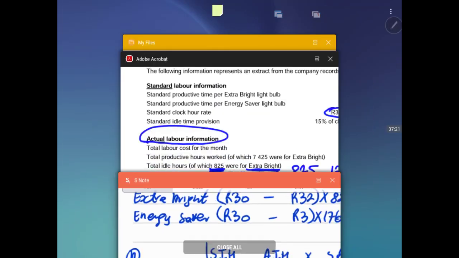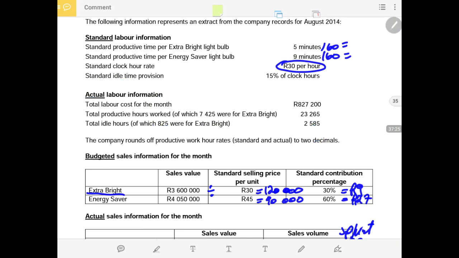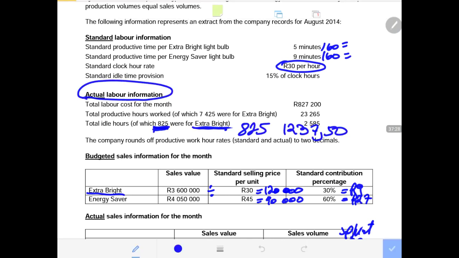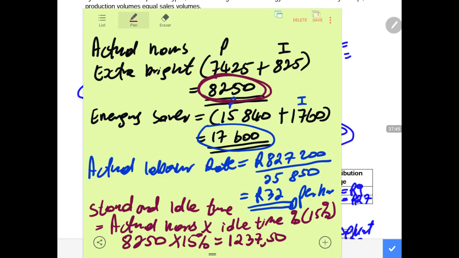Just more clarity again on that. Why is it favorable? It's not about the sign. It's about you understanding the concept behind it. Our employees idled 825 hours for the production of extra bright, but they were expected to idle 1,237.50, which we know how that was calculated.